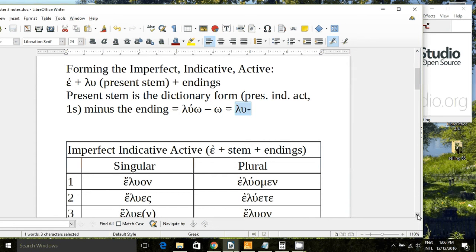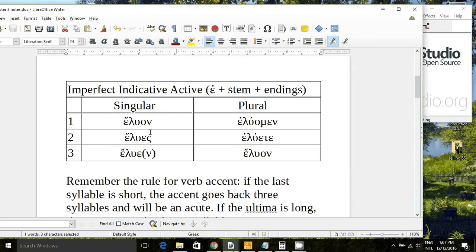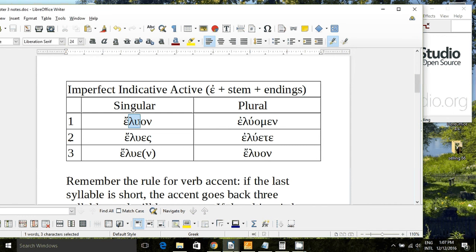So to form the imperfect, we take the epsilon plus the stem, and then plus these endings: on, es, en, omen, ete, on. And again, as in other forms we've seen, the nu can be there or not, just like we don't say "a apple," we say "an apple."